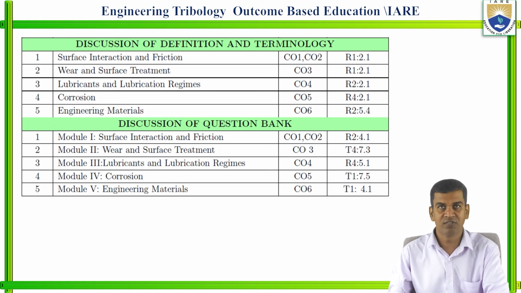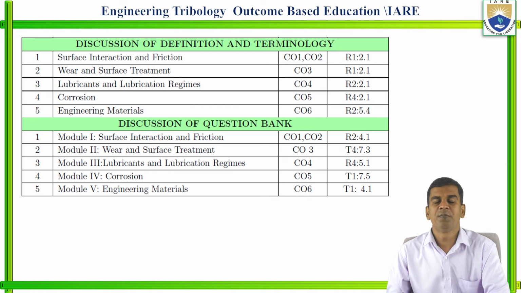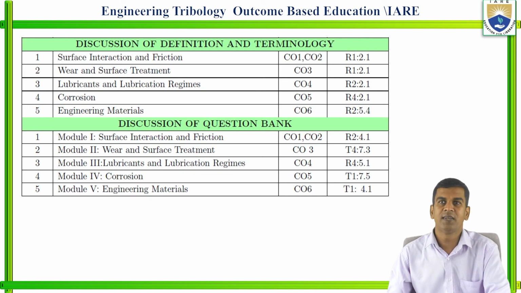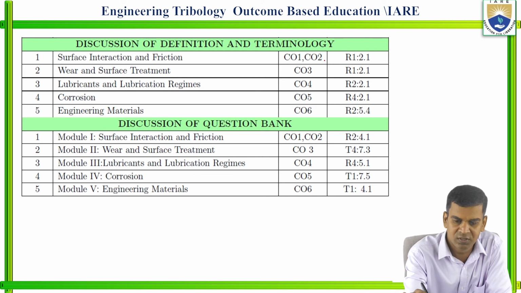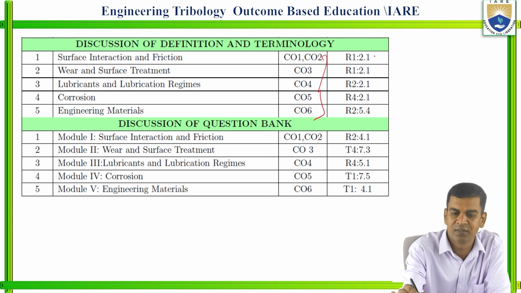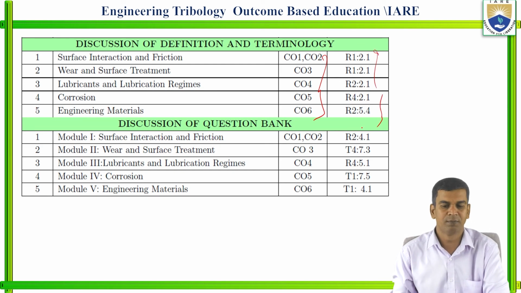It is related to CO4, and the fourth one is corrosion, and the fifth one is engineering materials. All these topics will be having a number of definitions which will be discussed in respective classes, and these are related to respective COs, and you can refer to the reference books over there.